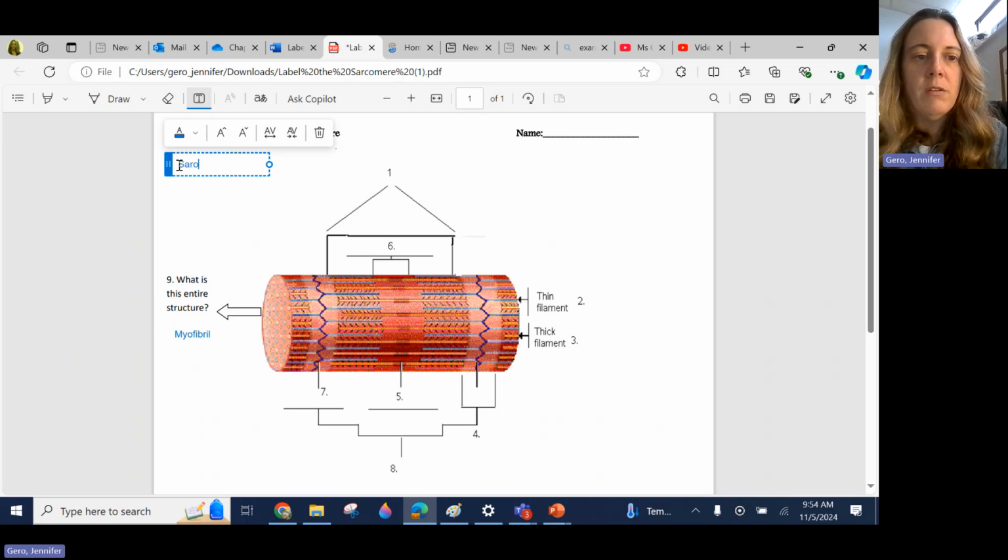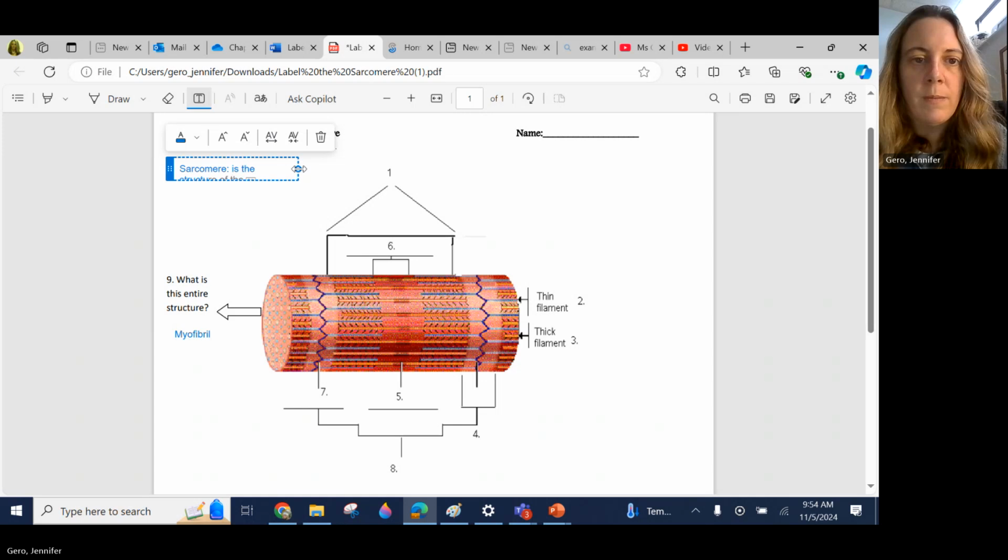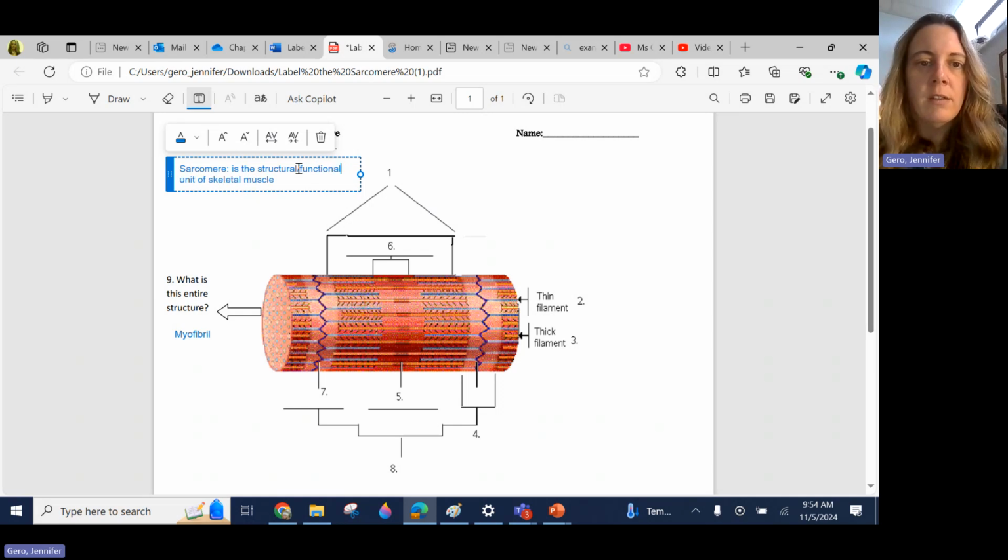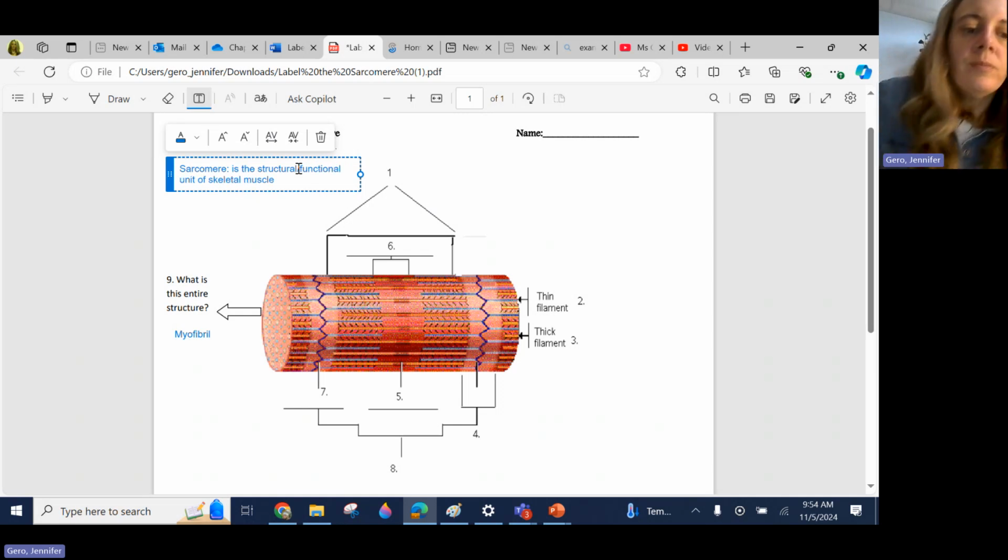The sarcomere is the structural and functional unit of skeletal muscle. That's what contracts to give us our sliding filament theory.